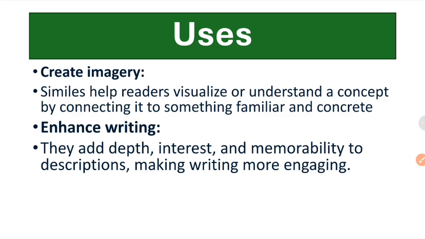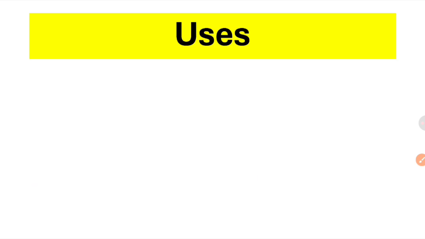So it is easy for you to understand that her weight is very light. Anybody can lift her up because she is as light as feather. So this is the way to add interest or depth to the concept, or to keep it memorable in someone's mind. So it is creating imagery, it is enhancing your writing. That's why you are using simile in the sentences.